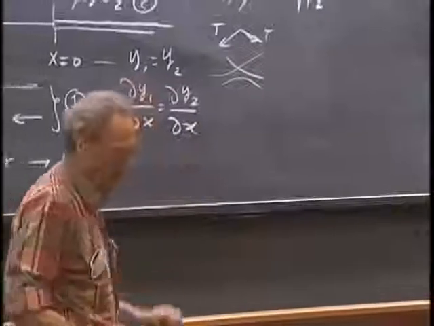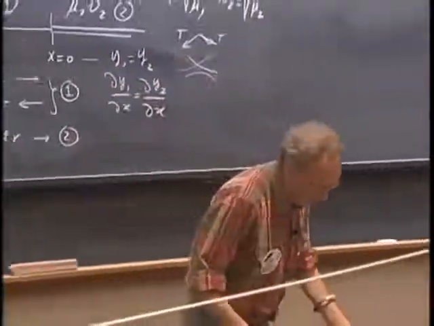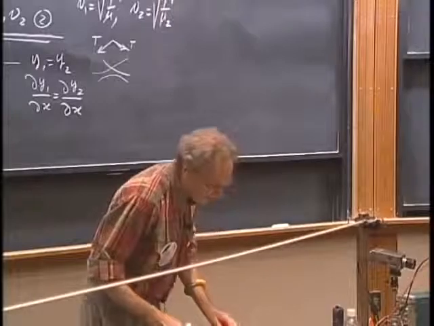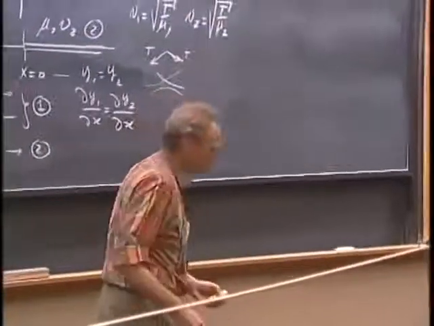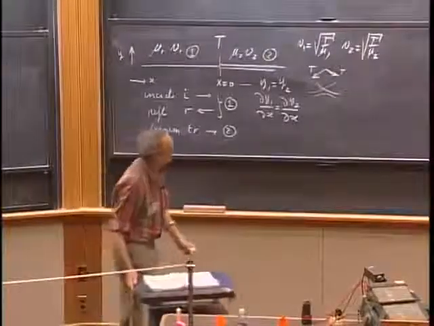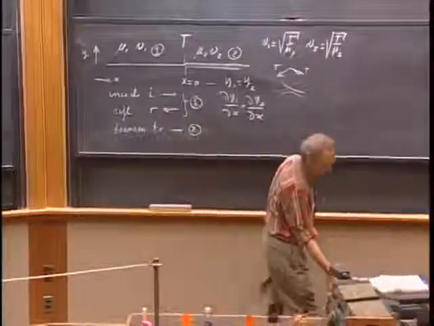So that's the condition: the spatial derivative from the left must be the same as on the right side. Let us start with an incident wave that comes from the left.